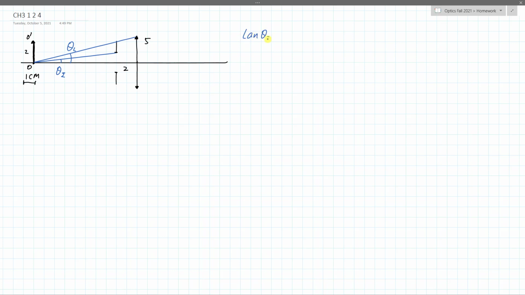Okay, so tangent theta iris is the height, which is 2 diameter, so 1 in radius, over that distance, overall this is 10. So let's write maybe number 10 here and number 8 here. So it is 1/8. We can just compare tangents. We don't have to get the angles because tangent is a monotonic function.